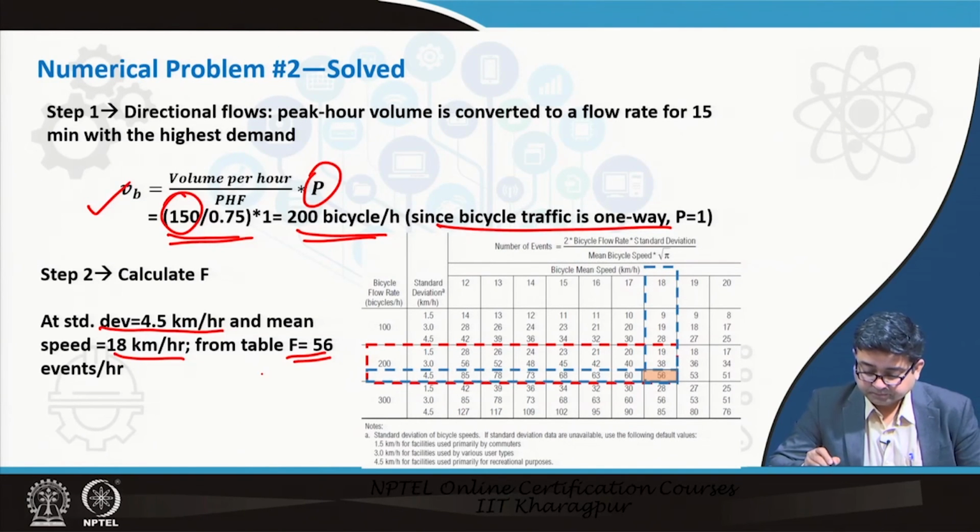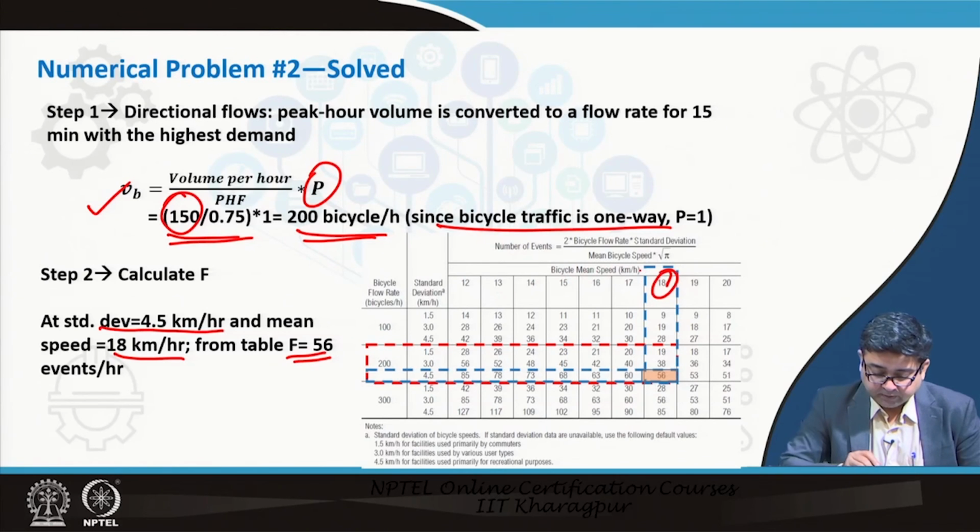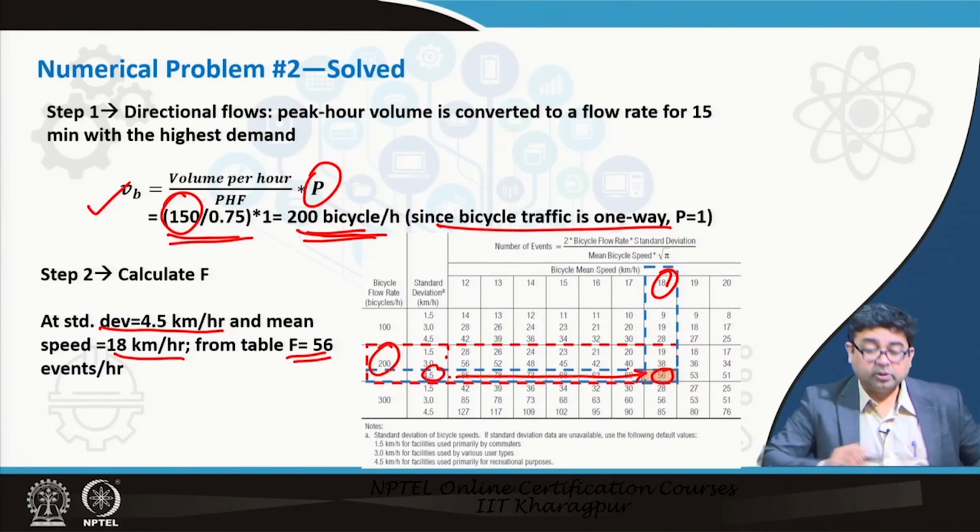So, bicycle speed is 18, bicycle flow rate you have known as 200. So, you know that is 200 here, and the standard deviation is 4.5. Within 200 you can have different standard deviations. You pick the 4.5 and you go here. So, this will be the total number of events as 56.